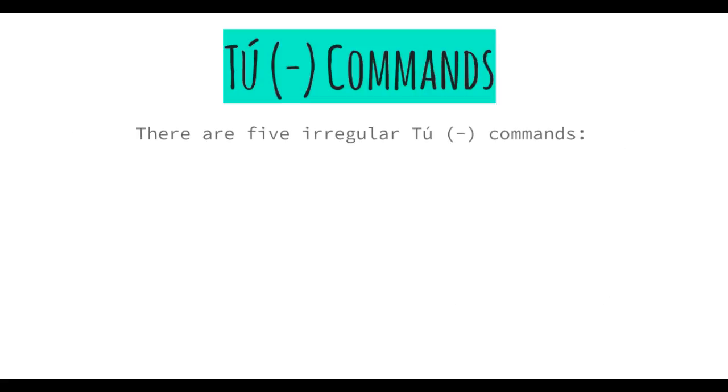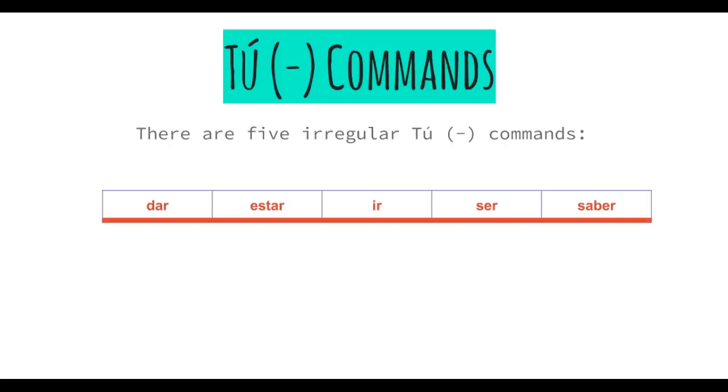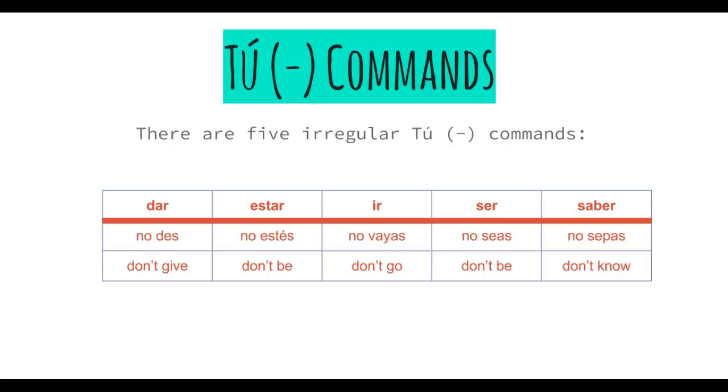There are 5 irregular commands that are the negative tú commands. They correspond with the verbs dar, estar, ir, ser, and saber. Here is how you would tell someone not to do these things. If you want to say don't give, no des.